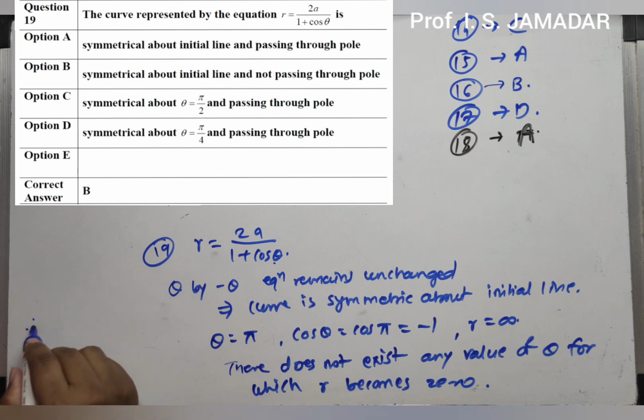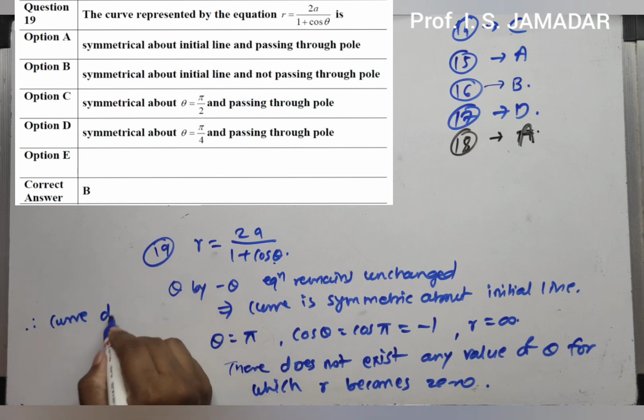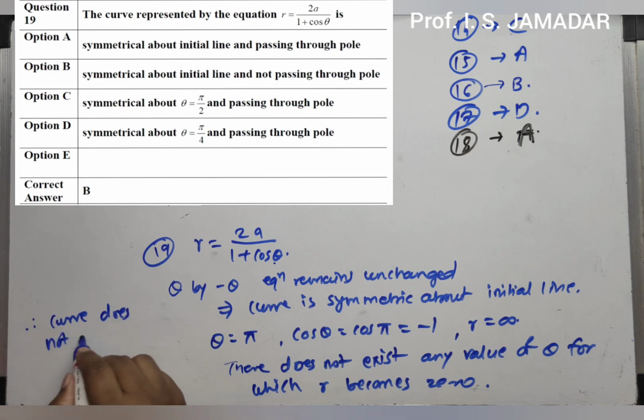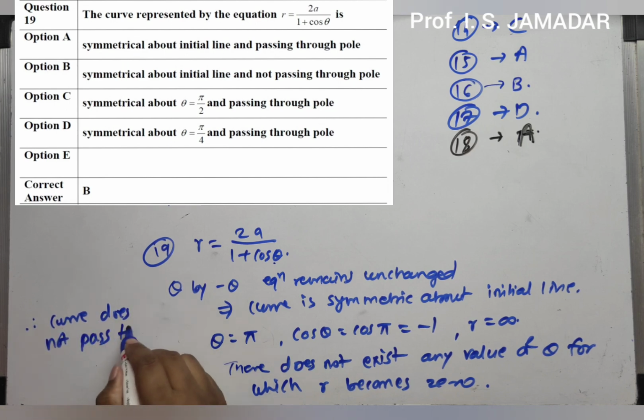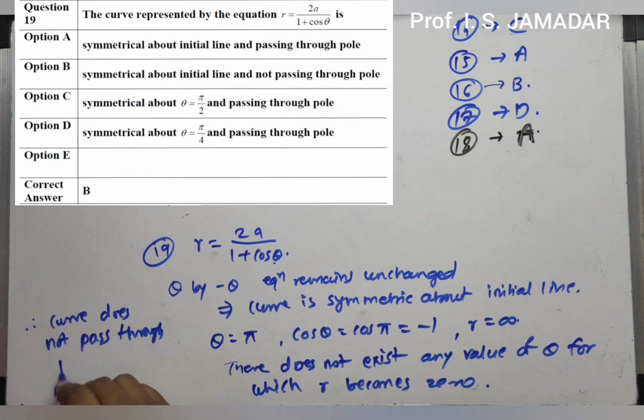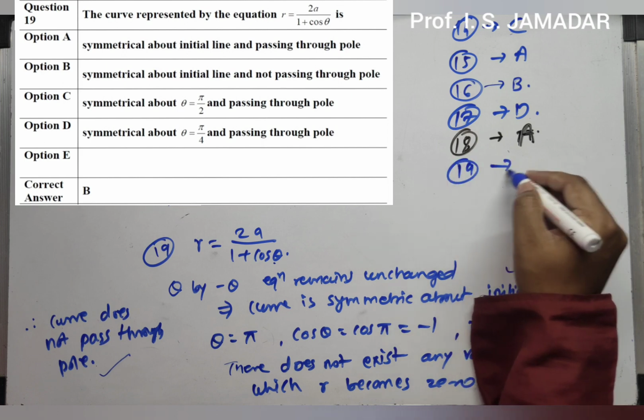Therefore the curve does not pass through the pole. So we have symmetry about the initial line and it is not passing through the pole. So option B is the answer for question number 19.